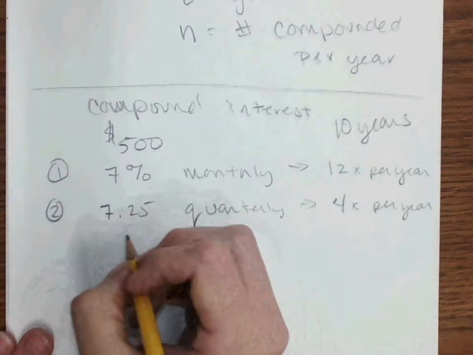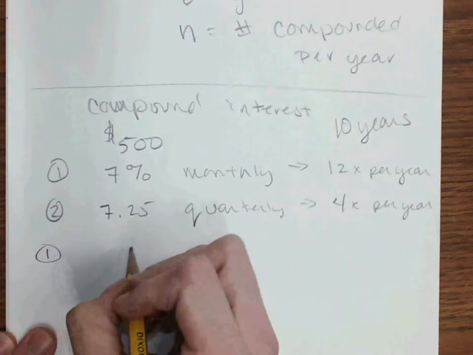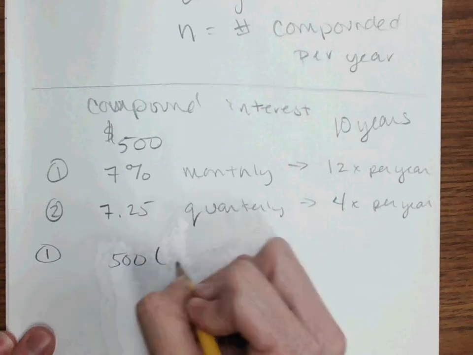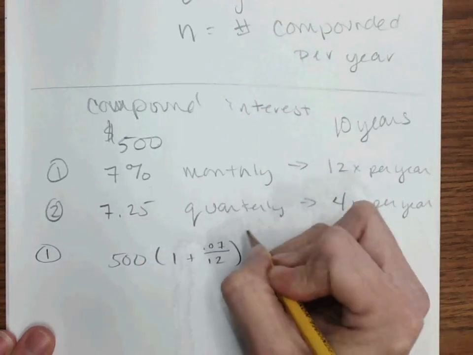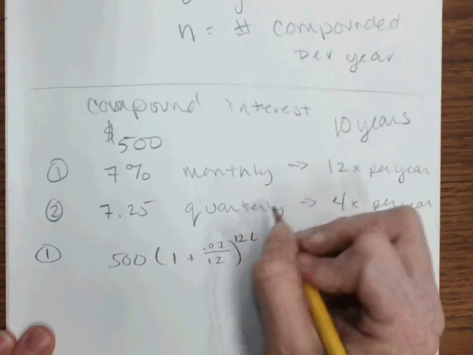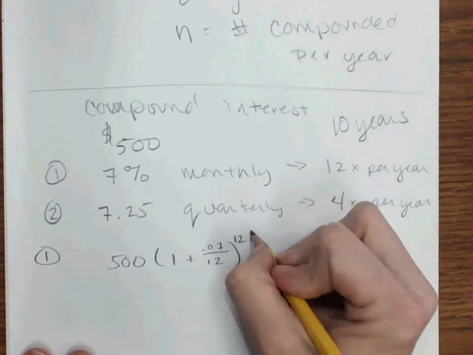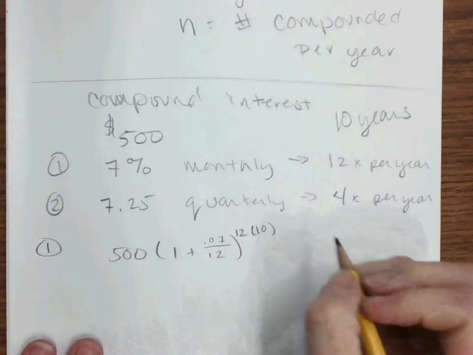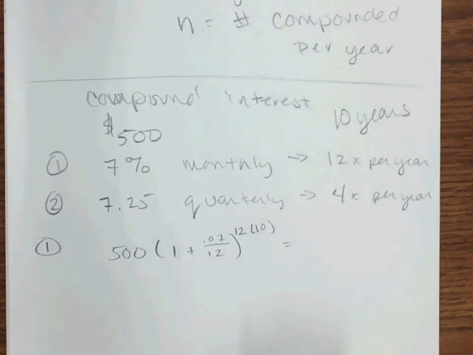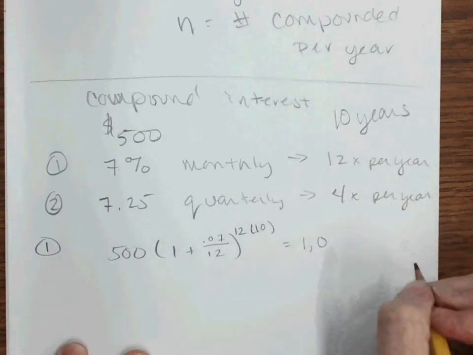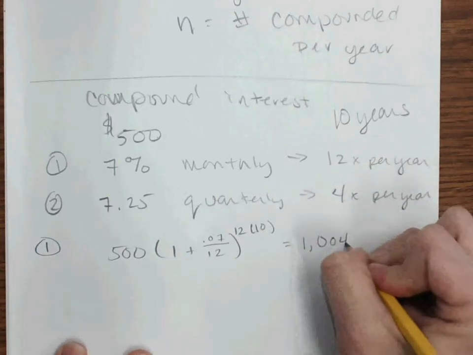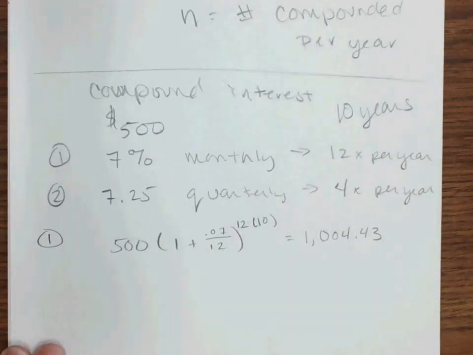So for number 1, I'm going to have 500 times (1 plus 0.07 divided by 12) to the 12 times 10, okay? And this is just something you have to plug into a calculator. That's it. You end up getting, after 10 years, that she'll have approximately $1,004.43. That's the first situation.